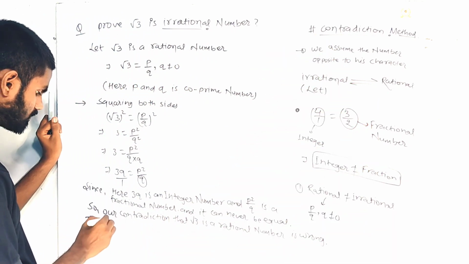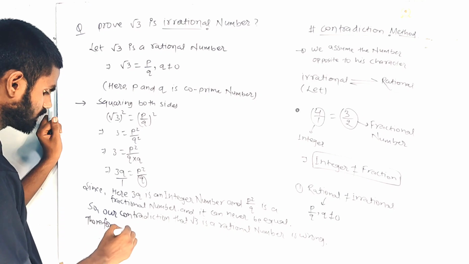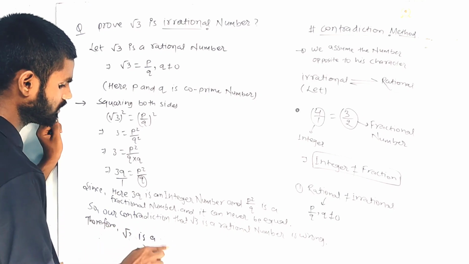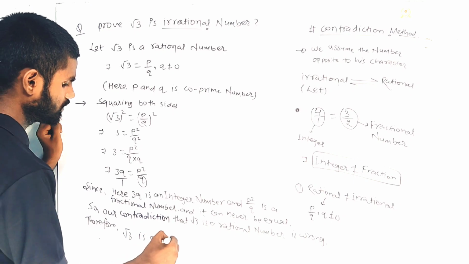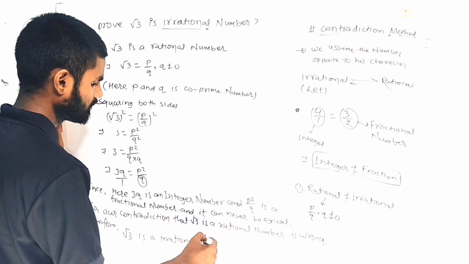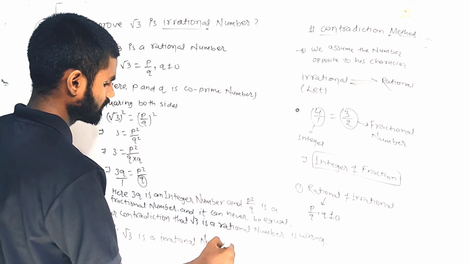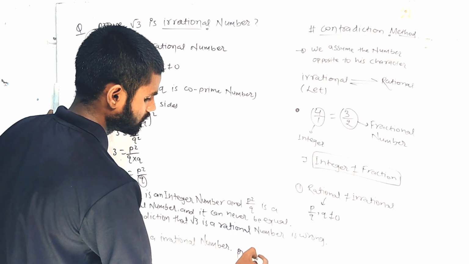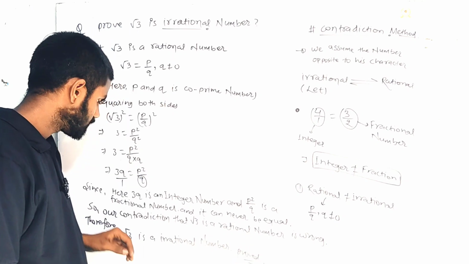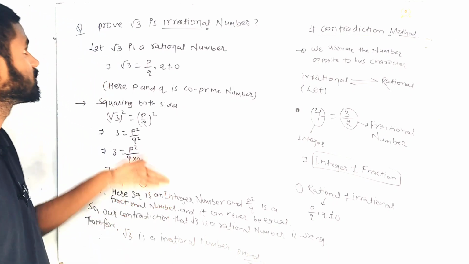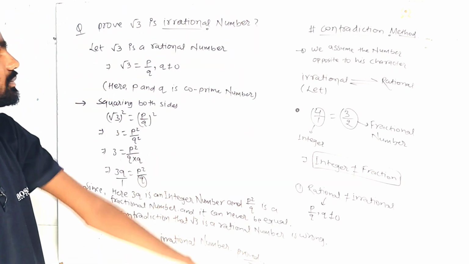Therefore root 3 is an irrational number. Then it is proved. Therefore root 3 is an irrational number. Okay, so this is the proof that root 3 is an irrational number.